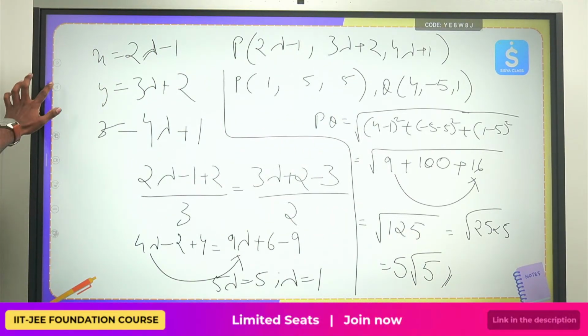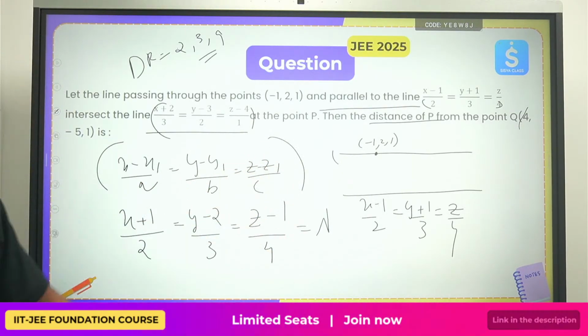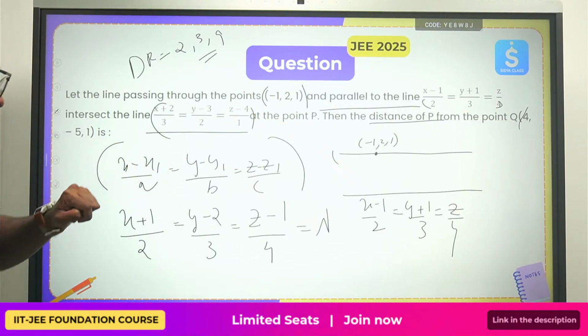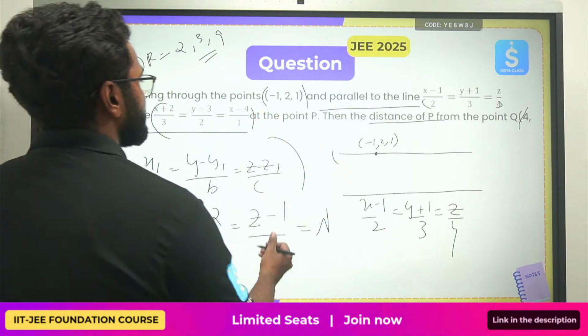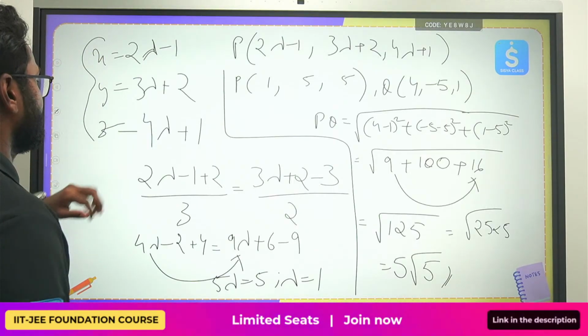Hope you understand this. First thing we have done is we have considered this equation to build up a line. We have put up the values of the point to get that line. We got the line. Then we found out the values of x, y and z.